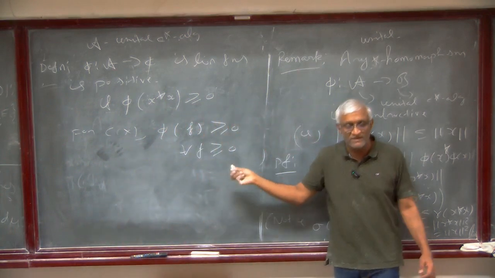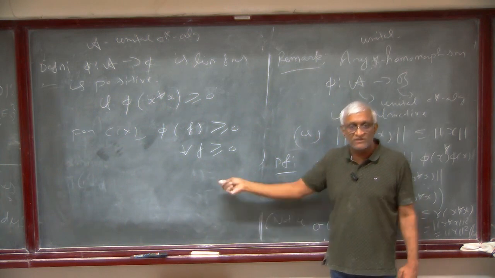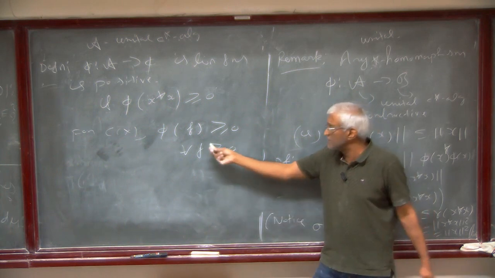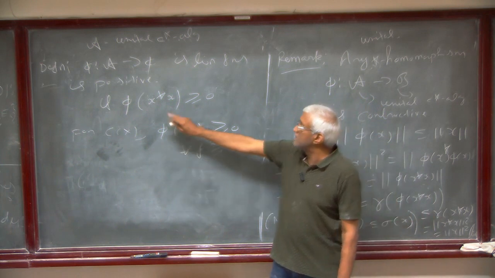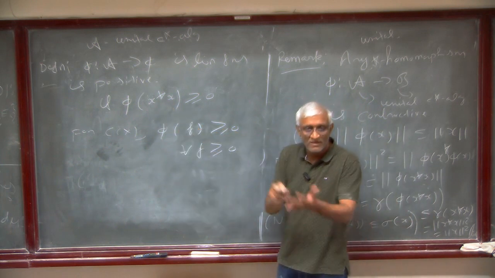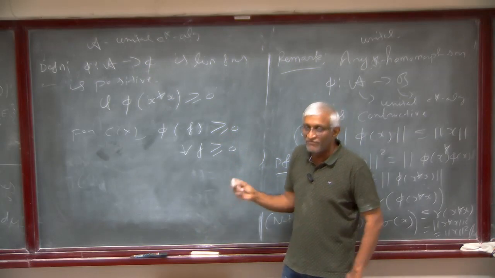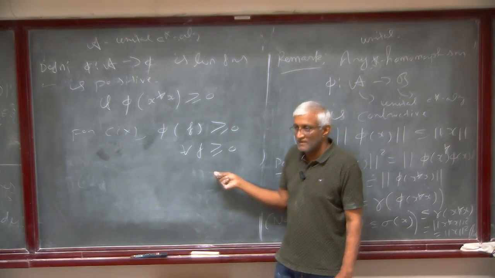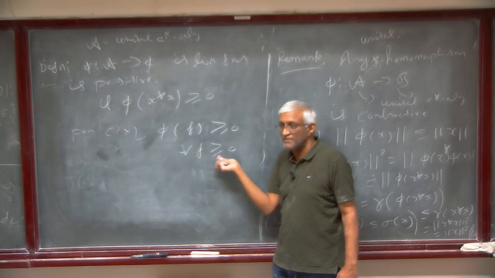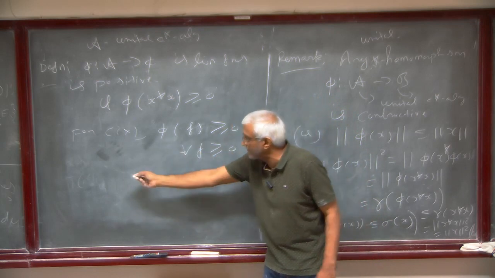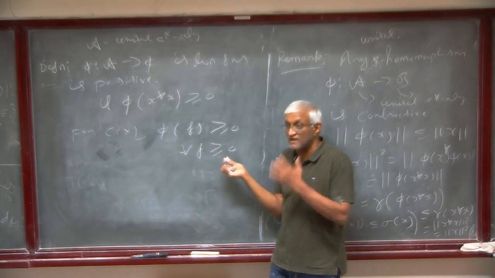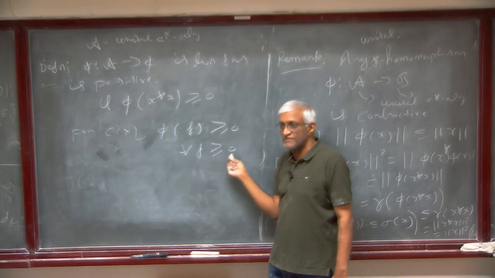If you have a positive function taking values in the positive real line, that's what a positive linear functional is. It will look like x*x, no? You can write it as f-bar f, or its square root or whatever. So positive linear functionals on C(X) are those which satisfy this condition: phi(f) is greater than or equal to 0 if f is greater than or equal to 0.